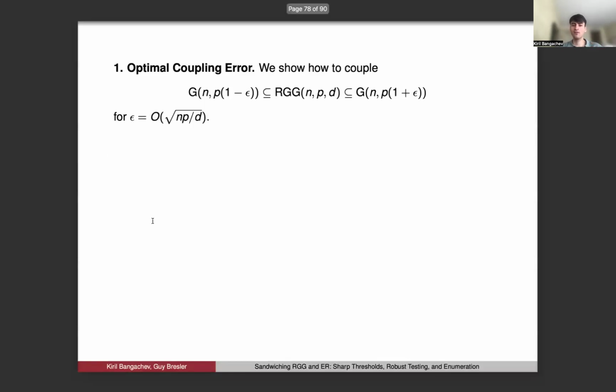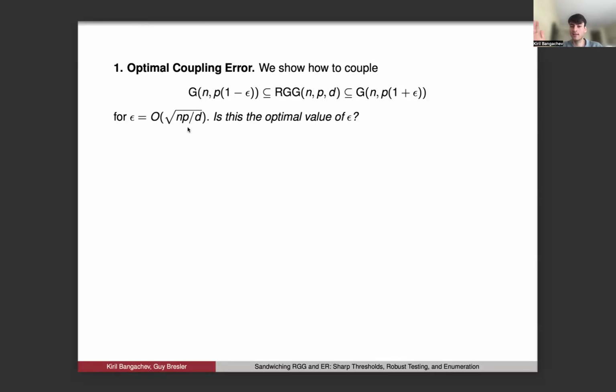Note that what we did is we essentially show how to couple Erdos-Renyi and random geometric graphs in this way, where we sandwich the random geometric graphs between G(n, p(1 minus epsilon)) and G(n, p(1 plus epsilon)) for this specific epsilon, which is around square root of np over D. But is this the optimal value of epsilon? How small can we make epsilon?